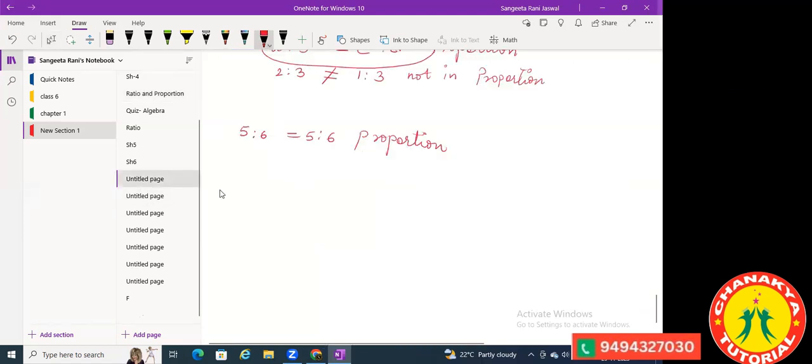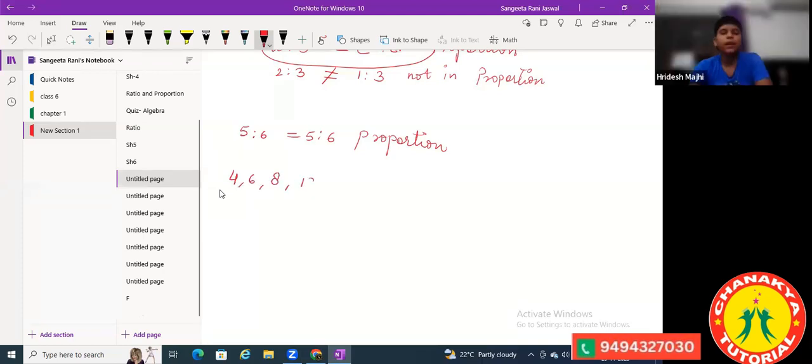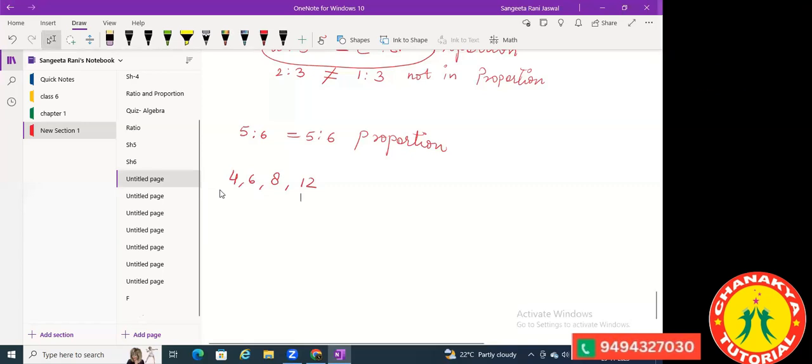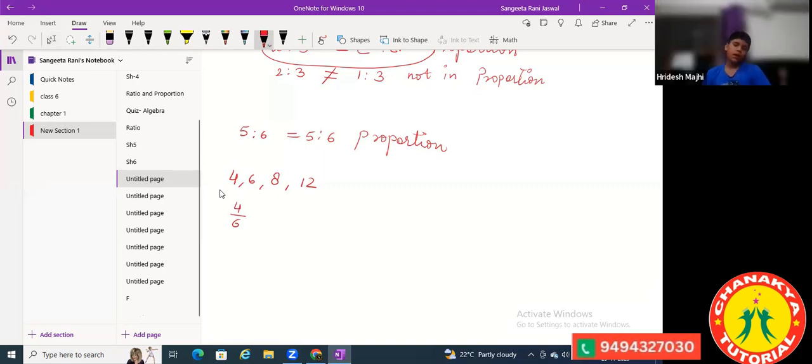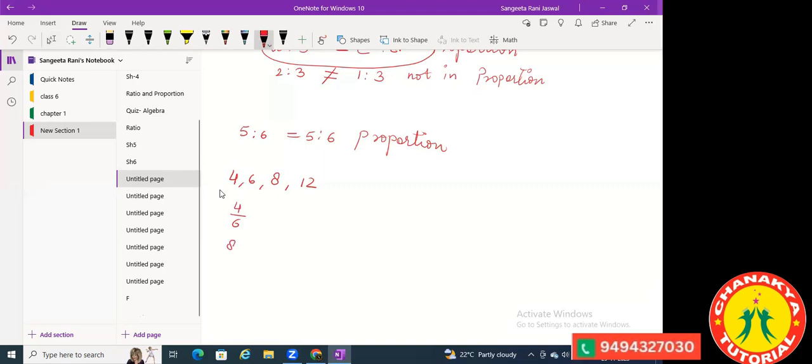Please do this one. First, please do it in your notebook and show me. Hridesh, do it in your notebook and show me. Others also, please do it in your notebooks. Find the lowest form of these two ratios.